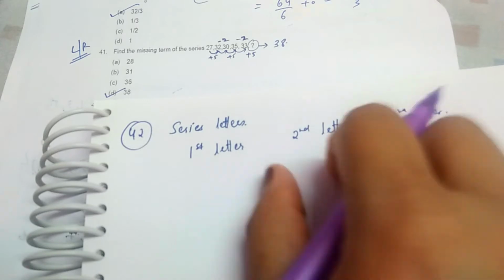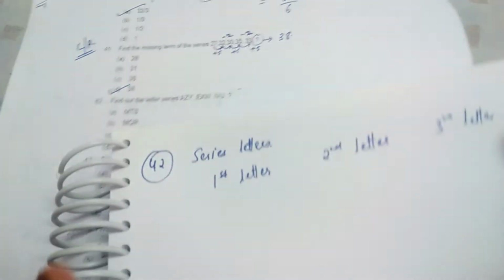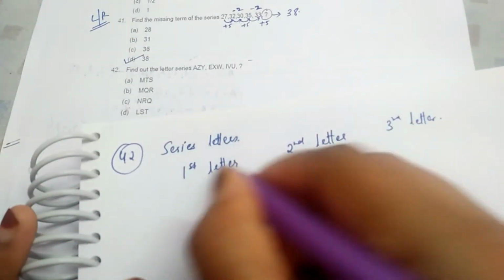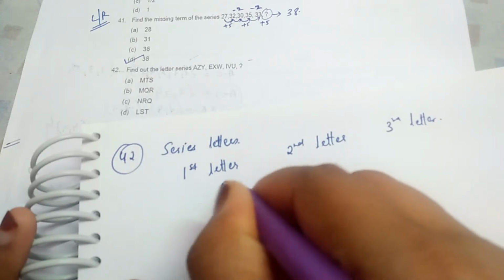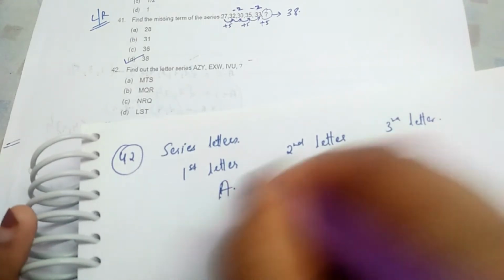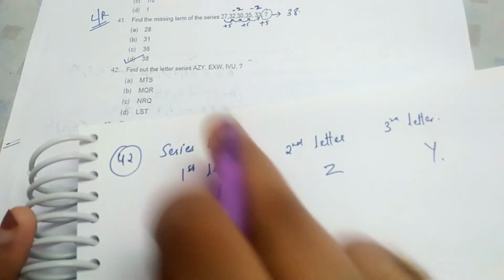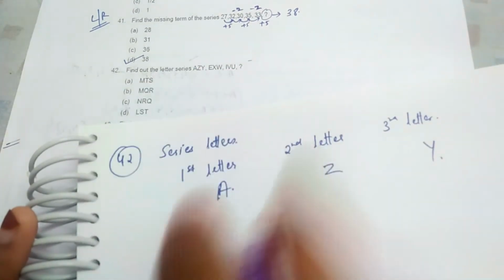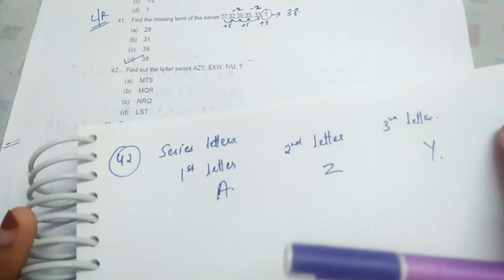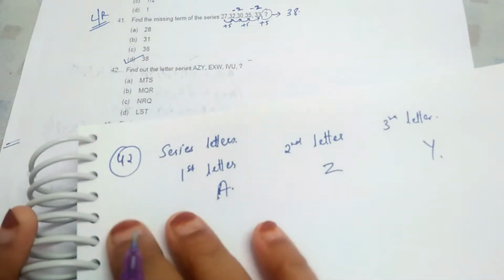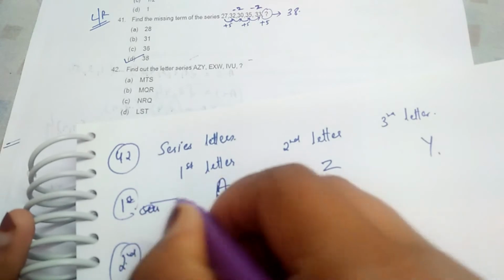Let's make this the first, second and third letter, because there are 3 letters already. What is the first letter of the series? It is A. The next letter is Z and the next is Y. So A, Z and Y are the first, second and third letters. This is the first term in the series.